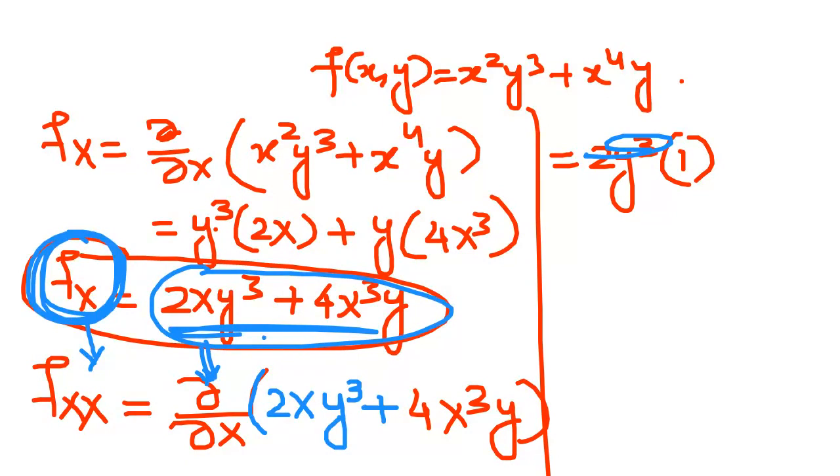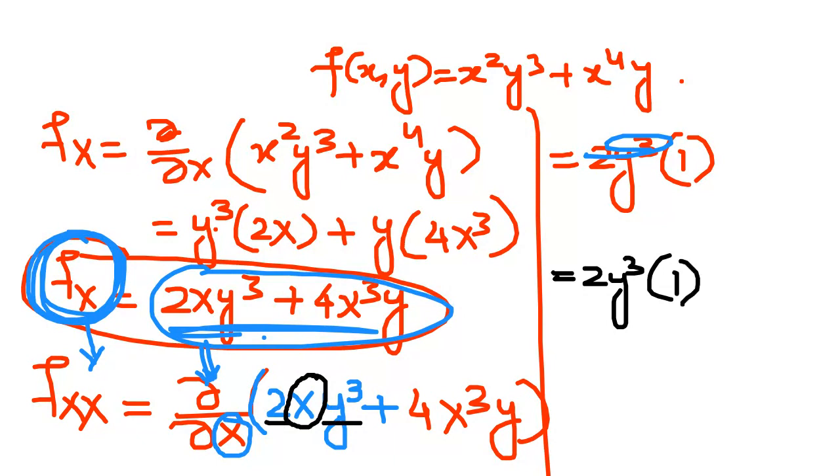Okay, Khalid, see, with respect to x, this one is constant, this one is constant. So you can take 2y square constant outside. What is the derivative of x? Khalid, what is the derivative of x? One, doctor.